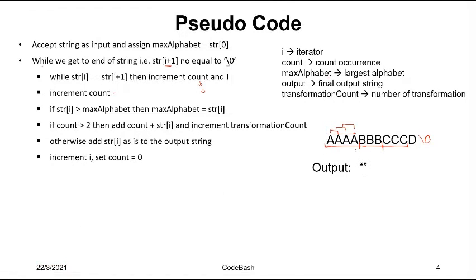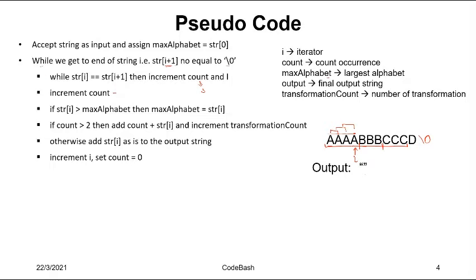Okay. So right now our I is over here. Okay, so what we are checking is this. So basically in the sequence of characters, I will be at the last character of similar occurrences.